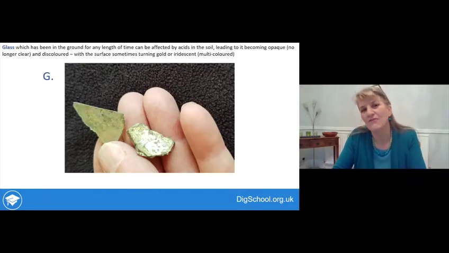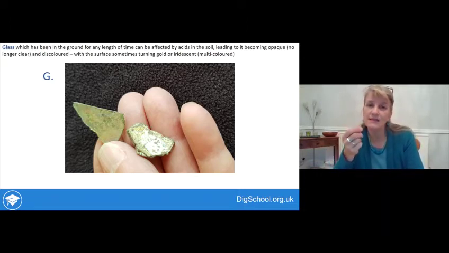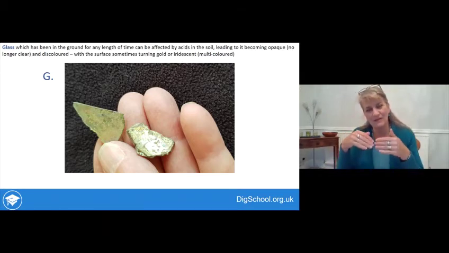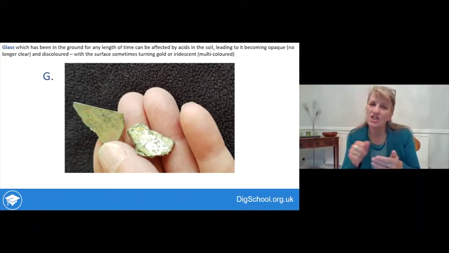And then there's a couple of types of finds which are much more difficult to date. So glass you might think would be easy enough to recognise, but actually if it's been in the ground for any length of time, it starts to lose its transparency. The glass, which is made of sand, is kind of trying to turn itself back into sand, so it laminates and it becomes opaque, and it sometimes gets a shiny surface on it, which sometimes looks really pretty.